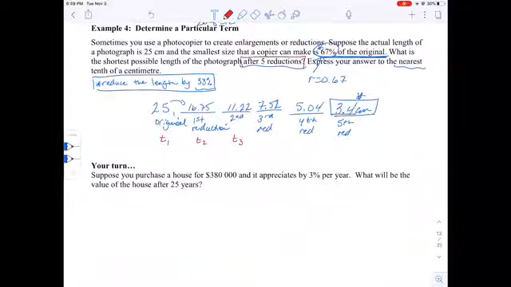So if we're looking at after 5 reductions, that would actually be T6. So T6 would be T1, which would be 25, times your ratio, which would be 0.67 to the power of 5. And if we plug that into our calculator, we will get the exact same thing of 3.4 centimeters. Okay?